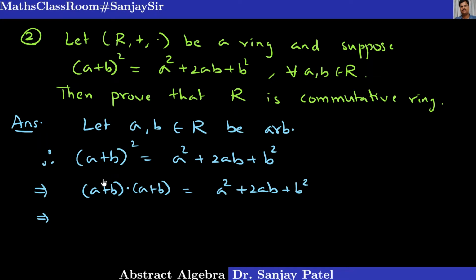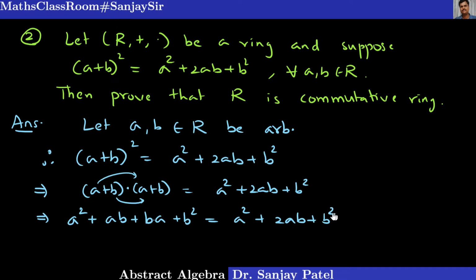This we can simplify as we have written in the previous problem as A·A, that is A², plus A·B, then plus B·A. Here I cannot write 2AB because I don't know the ring R is commutative; I actually want to prove that. So plus B² is equal to A² + 2AB + B².